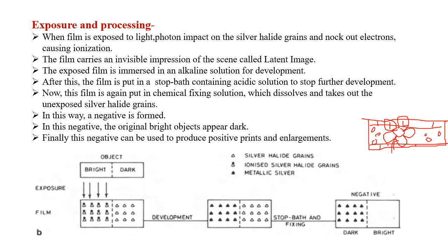Here this is silver halide grains and ionized silver halide grains, and last metallic silver in this stage. Now we have actual metallic silver crystals and we have the unexposed silver halide crystals that was on the film to begin with. After rinsing the film in a stop bath, the film is put into another chemical called fixer.